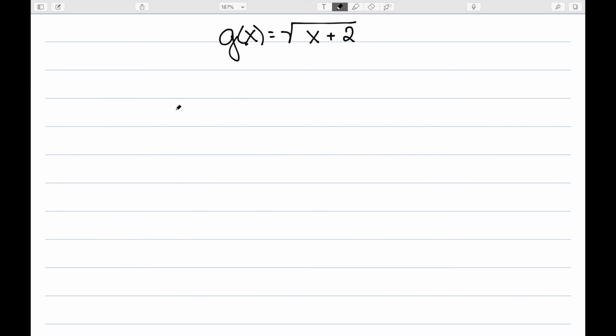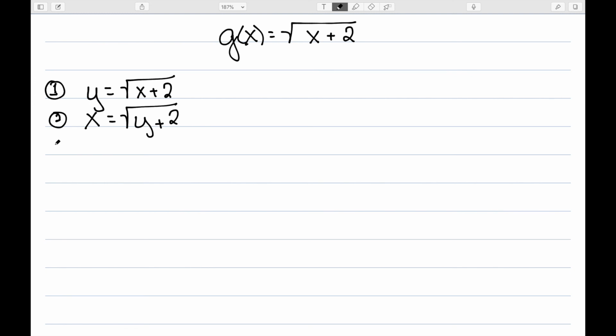I now want to find the inverse of g of x equal to the square root of x plus 2. My first step, instead of g of x, I'm going to write y equal to the square root of x plus 2. My second step is to switch the x's and y's, so I have x is equal to the square root of y plus 2. Step 3 wants me to solve for y.